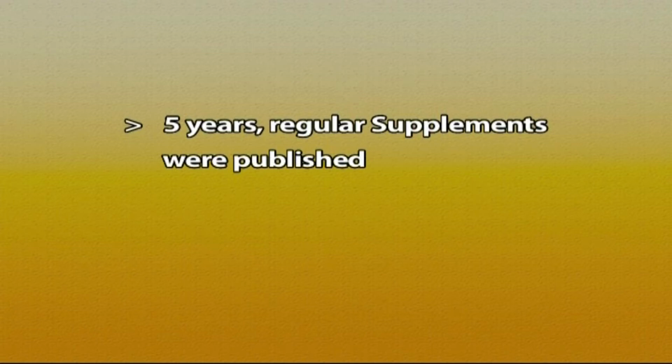It was first published in the form of 2 original basic volumes from 1893 to 1895, and these 2 volumes covered the names published between the time period of 1753 to 1885. Then after every 5 years, regular supplements of Index Kewensis were published.